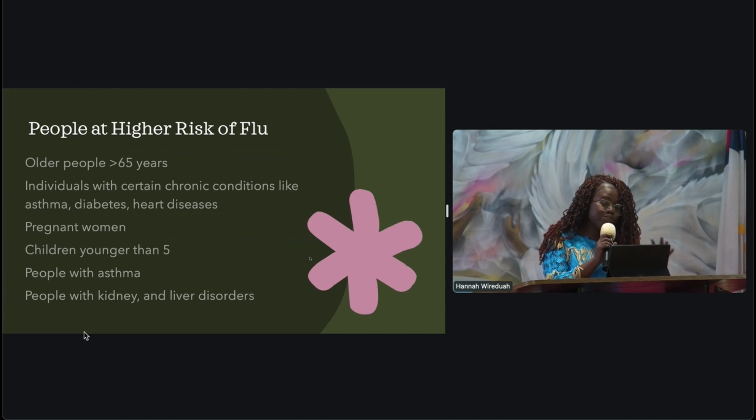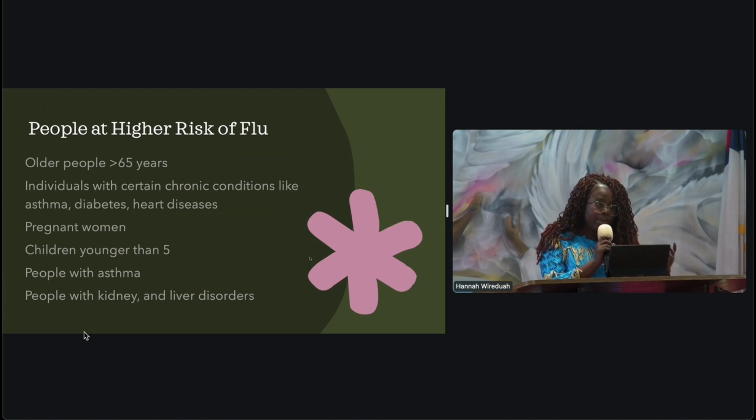During flu season, if care is not taken, most people, older adults over 65 years, and people with various chronic conditions like asthma, diabetes and heart diseases have a very higher risk of getting flu.